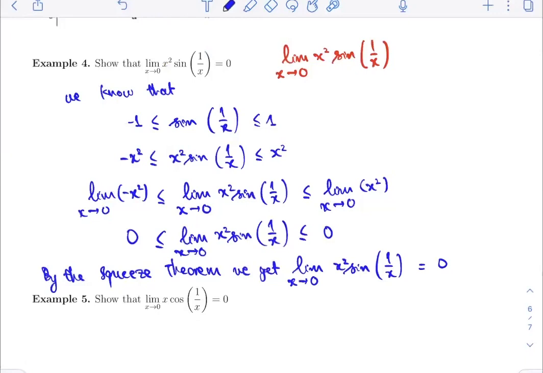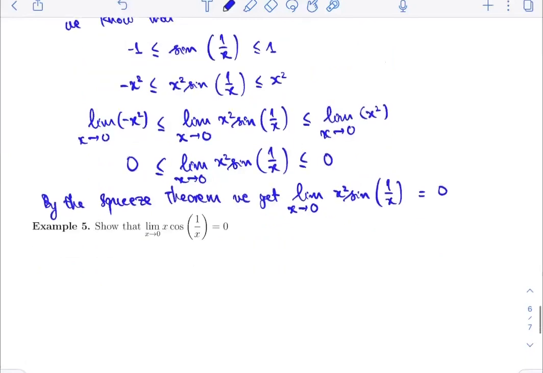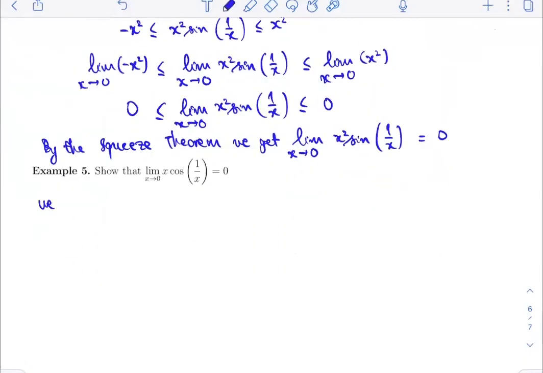In the case that you need to further analyze the limit, that means you need to do some manipulations to find the limit. So again, we know that the cosine function is also bounded between -1 and 1. That is, cosine of 1 over x is bounded between -1 and 1.